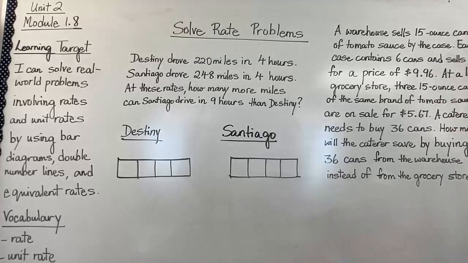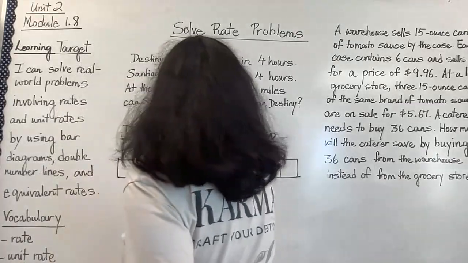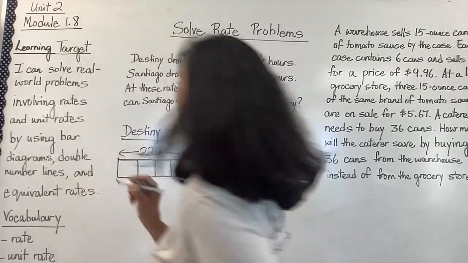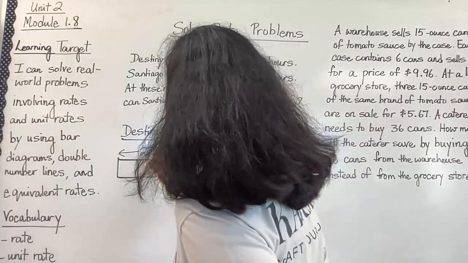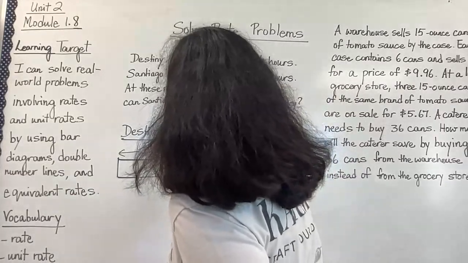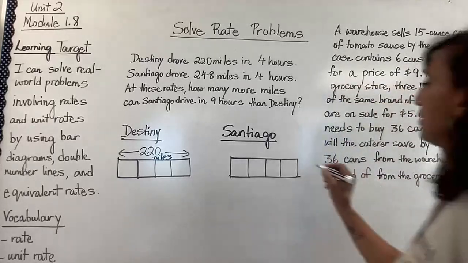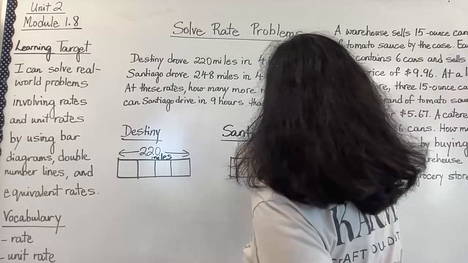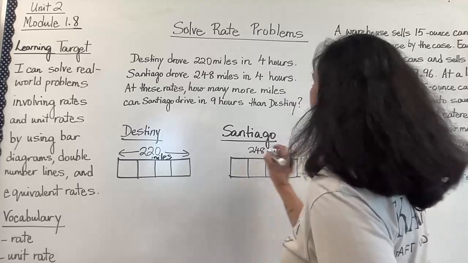Okay, so Destiny drove 220 miles. So this much is 220 miles, okay? And Santiago drove 248 miles, which is this much.